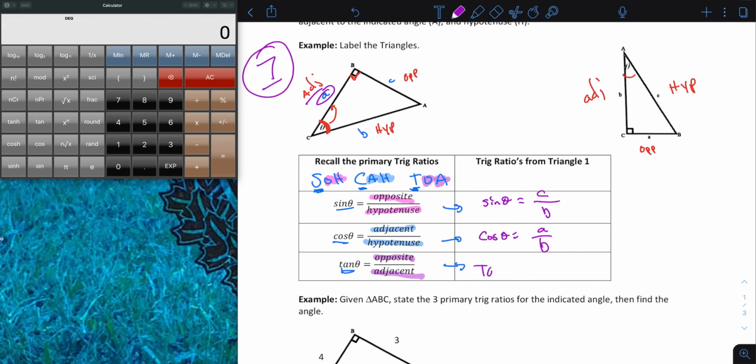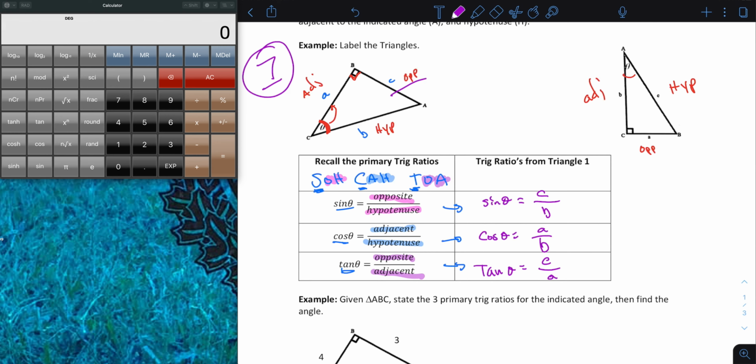Okay, and tan theta is going to be, let's take a look. Tan is opposite over adjacent. So we're going to go find opposite. Opposite is right here with c. So it's c over adjacent is a.